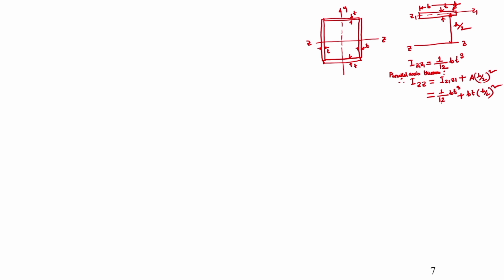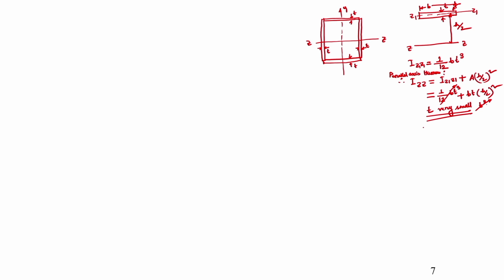Now, here as this T is very small compared to B or H, that is why what happens, this T cubed term also will be very small, you can neglect this T cubed term, a higher order term. So, these are the terms you can neglect here.